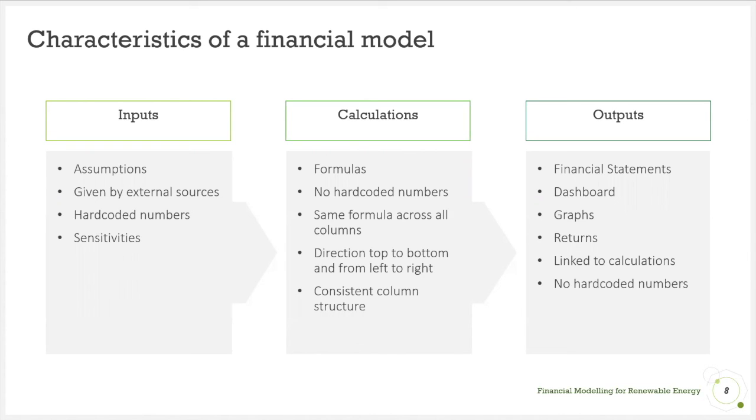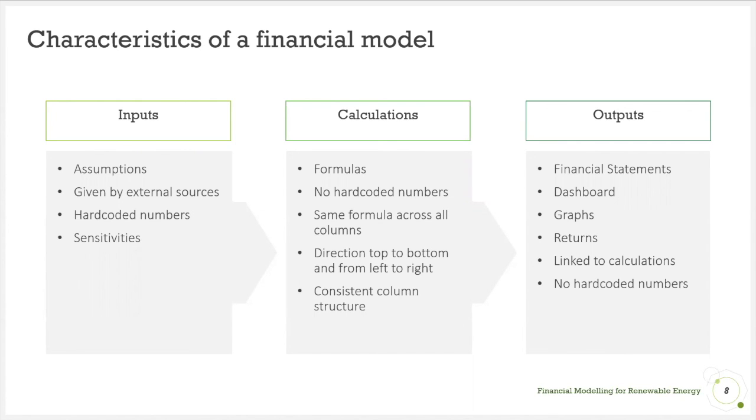You will also have a dashboard with the key outputs like the IRR, the yield, the gearing, and the key dates of the project. These kind of things will be in the dashboard. Then you may want to have some graphs to show, for example, the revenues or how the debt is repaid. These kind of graphs are very common.